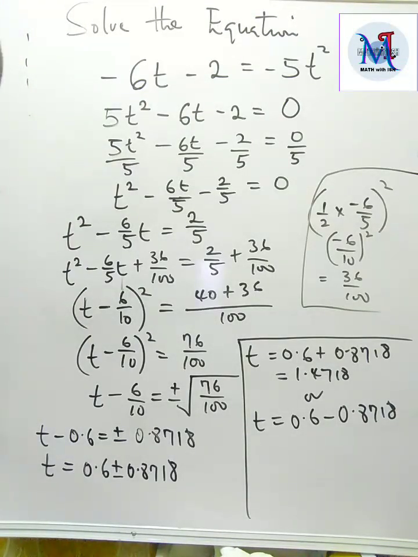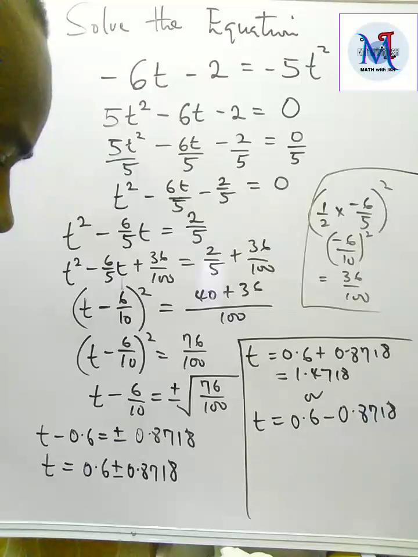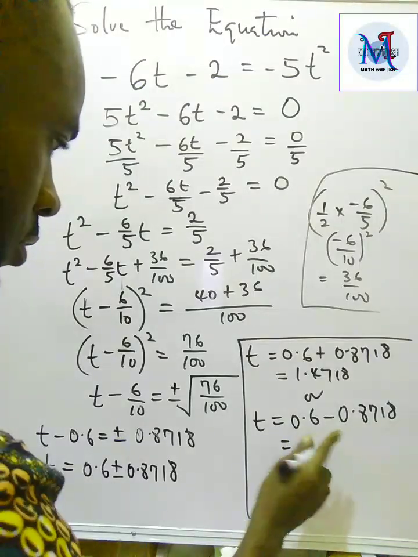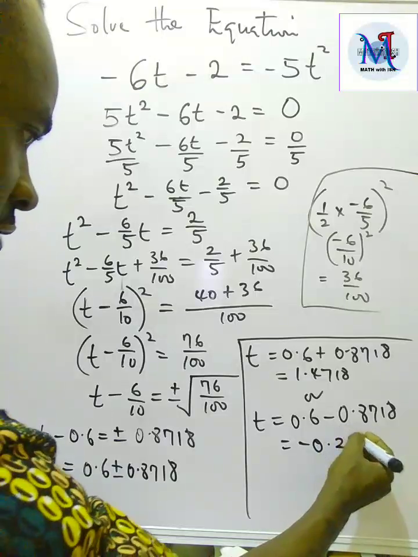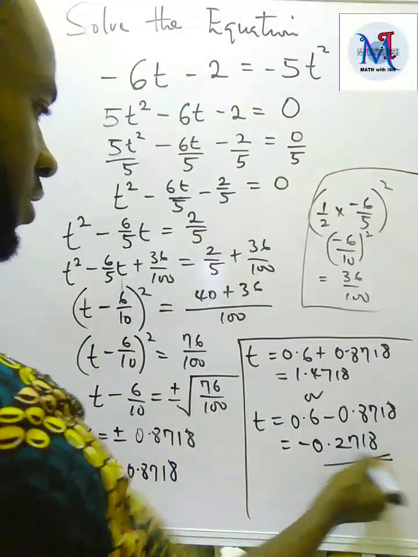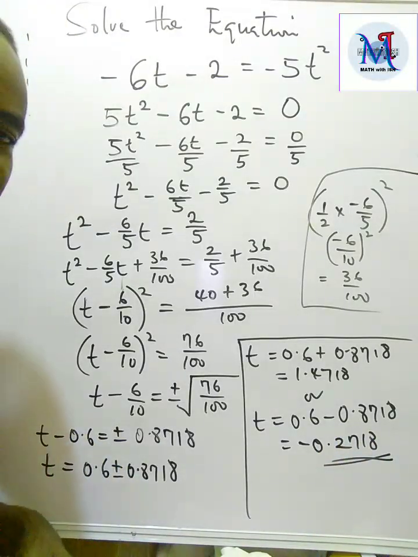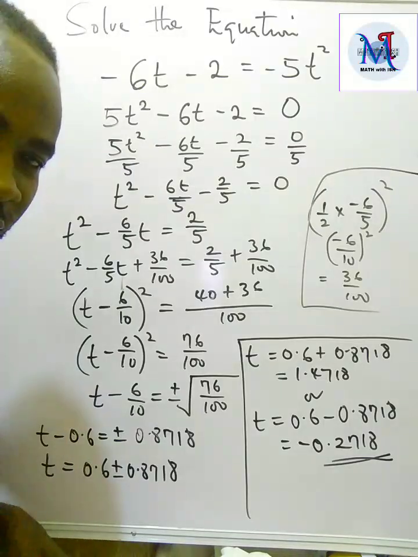When we do that, we are going to have minus 0.2718. So these are the two values of t from this particular question.